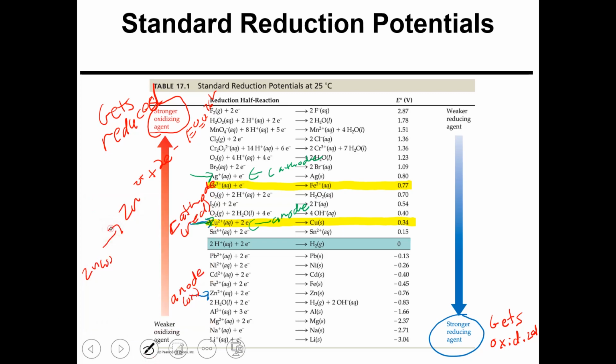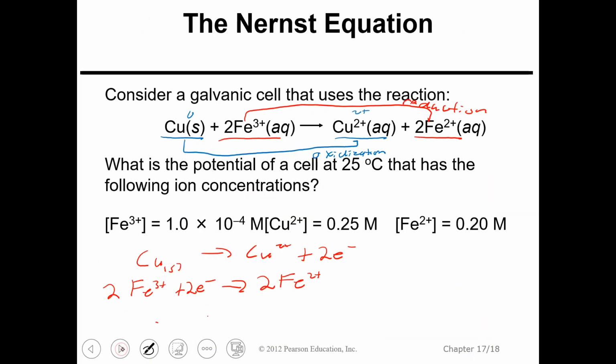So if we go back to our question here, we found that copper has a cell potential of 0.34 volts, but since it's being oxidized, that's negative 0.34. And iron has a cell potential of 0.77 volts.